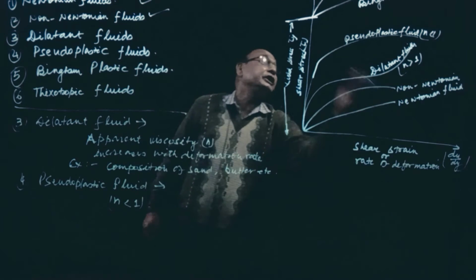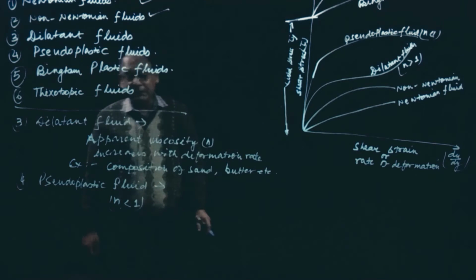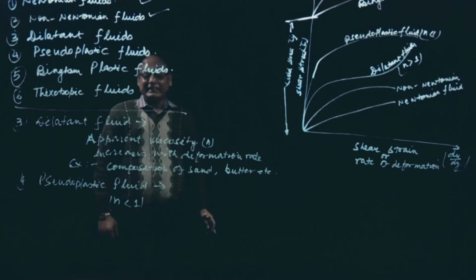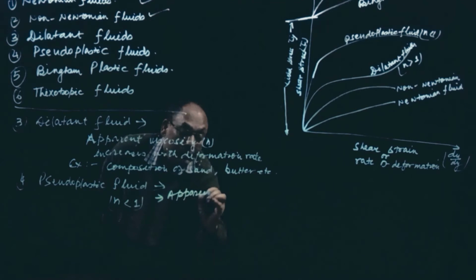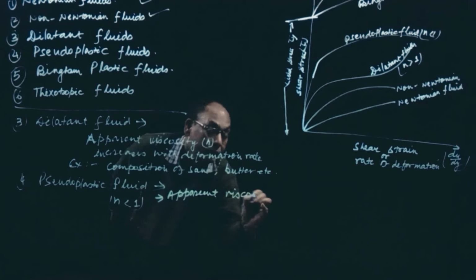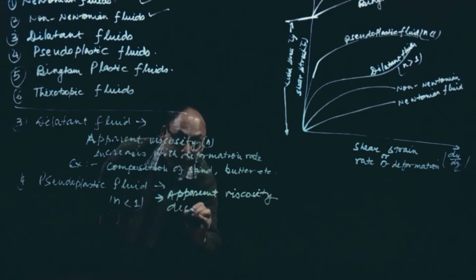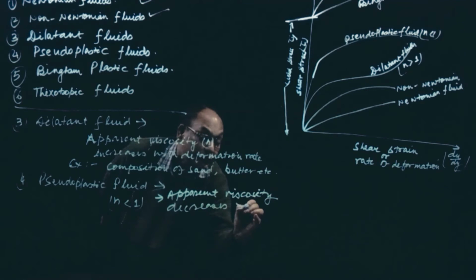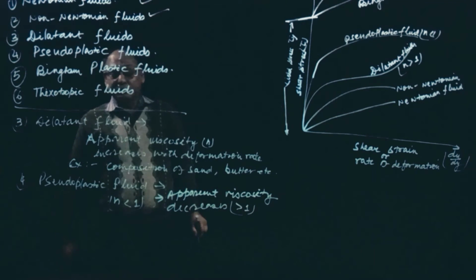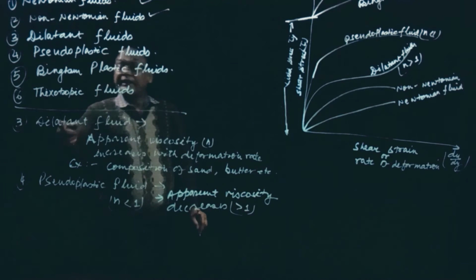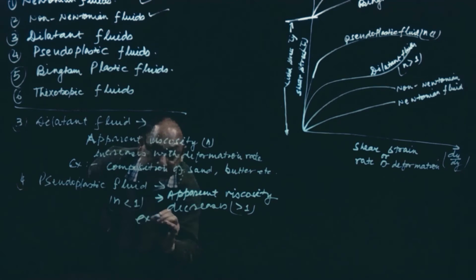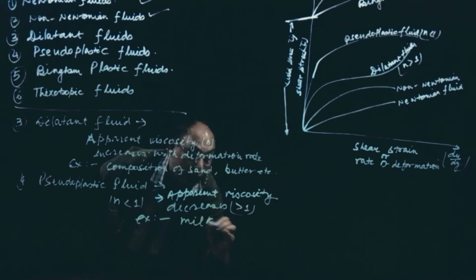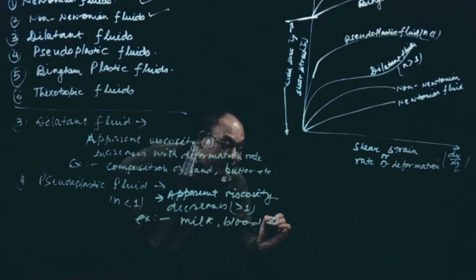See here, deformation rate is increasing, but apparent viscosity, that is n, decreases, so it is less than 1. That type of fluid is called pseudoplastic fluid. For dilatant fluid, the example was a mixture of sand, butter. For pseudoplastic fluid, examples we can take are milk or blood, etc.